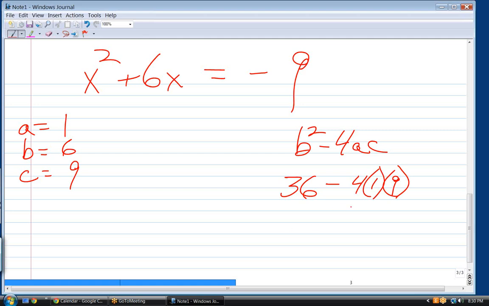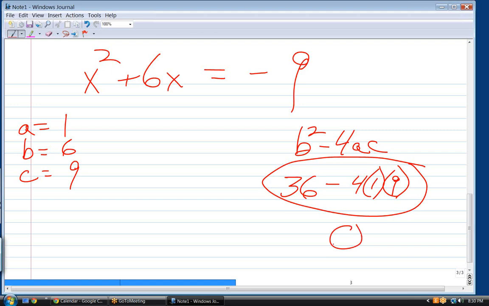This is easy enough to do, but I would always multiply the 4, the a, and the c together first. That's 36, so we have 36 minus 36, so the discriminant is 0. That means we have one real solution.